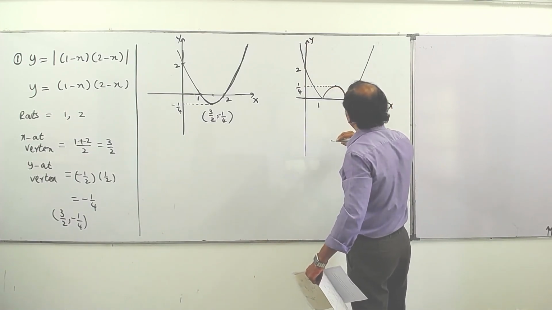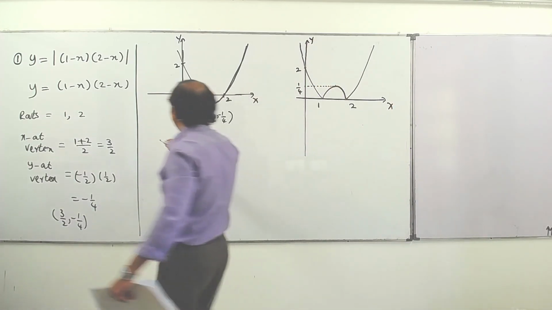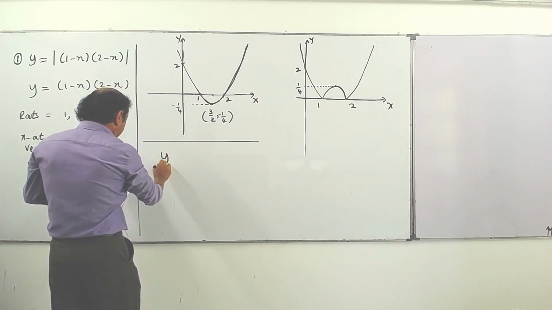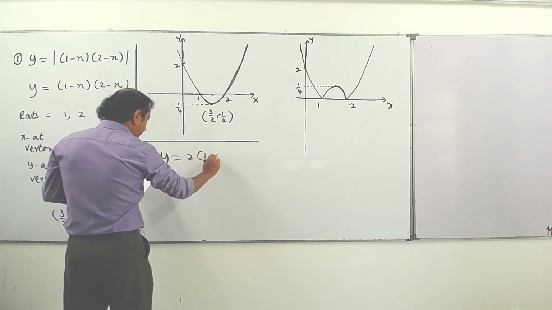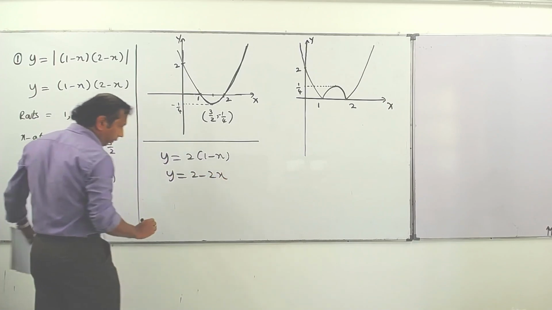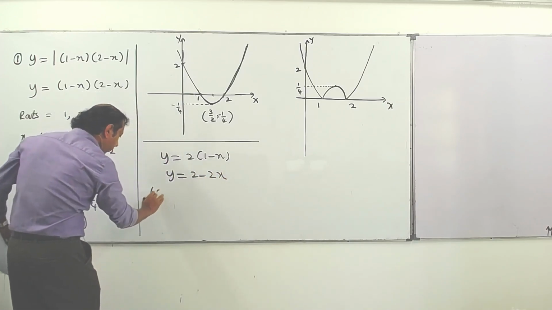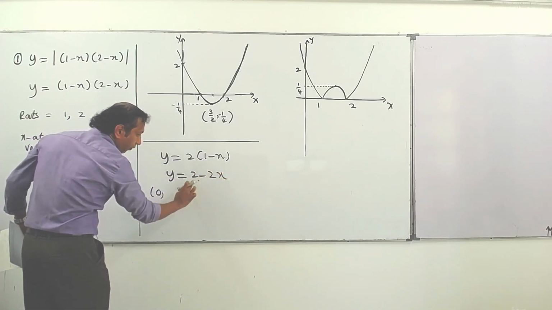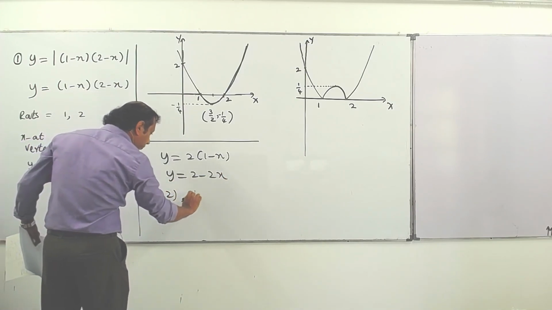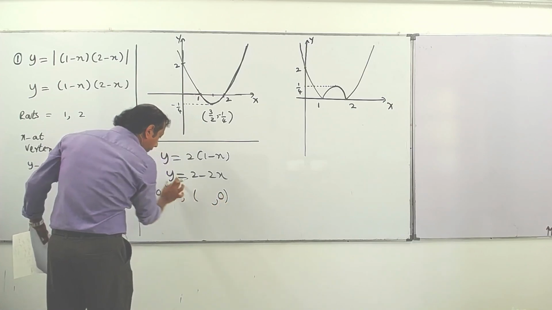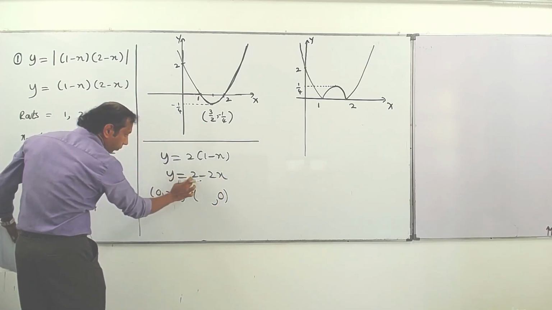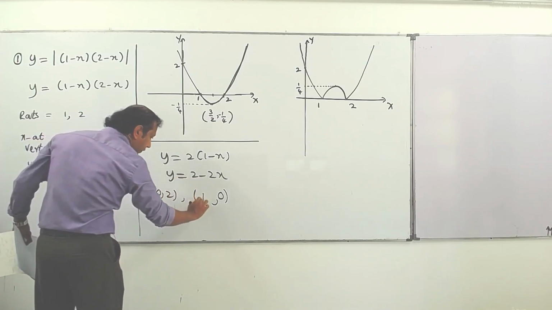Right. Now, second graph, y equals 2 times (1 minus x). When you remove the bracket, we get like this. When you put x equals 0 here, y is 2. The graph passes through 0, 2. Put y equals 0 here, take this side: 2x equals 2, which means x equals 1.